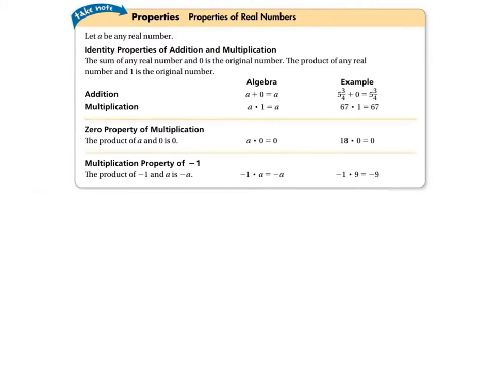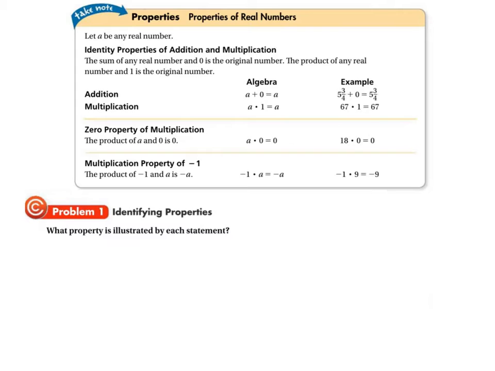And the multiplication property of -1. The product of -1 and some number A is the negative of that number, negative A. Now remember, that number could start out being negative. So if you say -1 times -3, you're going to get the negative of -3, which is +3. Okay, but multiply it by -1, you're going to get its opposite, whatever it is, even if it started out as a negative number. Okay, so we're going to do some problems here.